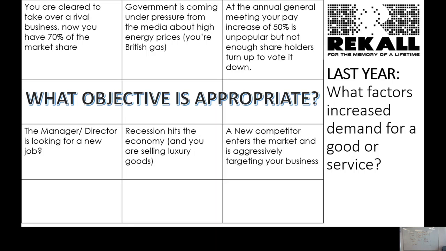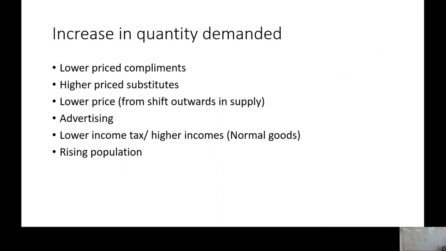Thinking about the factors that affect demand: lower price complements, higher priced substitutes, the lower market price from a shift outwards in supply, advertising, lower income tax or higher incomes for normal goods, so goods where they are responsive or unresponsive to changes in income, and a rising population.